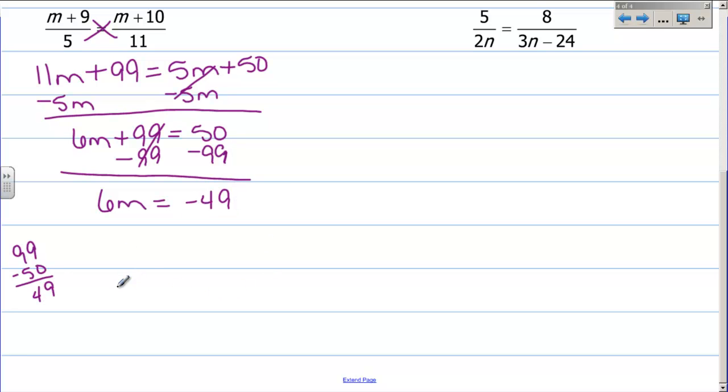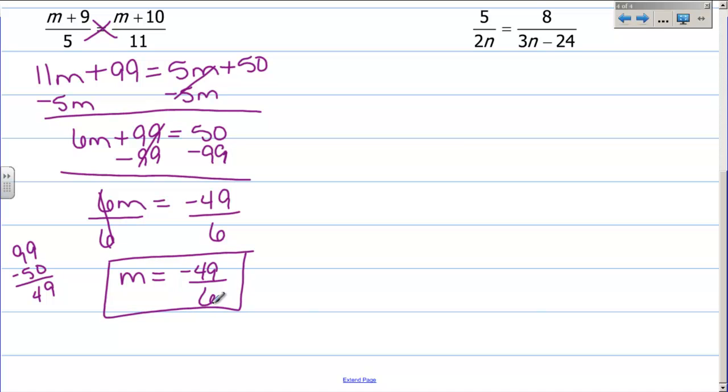This is not going to work out to be a nice pretty little number here. So when I divide by 6 on both sides, I'm going to get m is equal to negative 49 over 6. That does not simplify to anything nice. It's not going to divide into a pretty whole number, so we're going to leave it as negative 49 over 6. And there's nothing wrong with that answer. It is totally okay to leave it as negative 49 over 6.